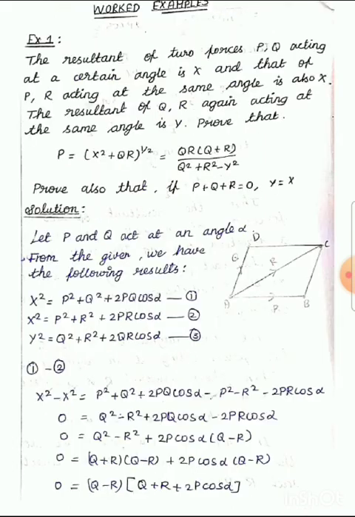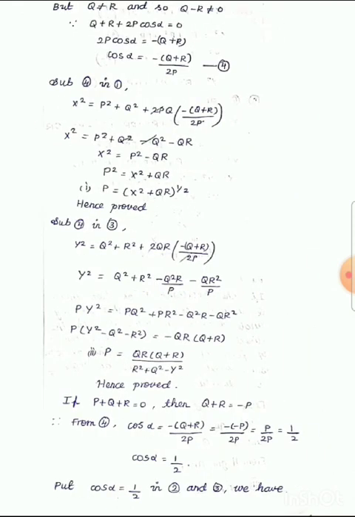We keep 2P cos alpha on the left side and take Q and R to the right side, so the signs are changed. So 2P cos alpha is equal to minus of (Q plus R).